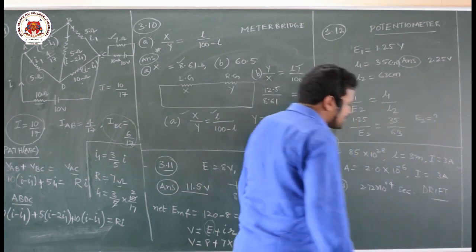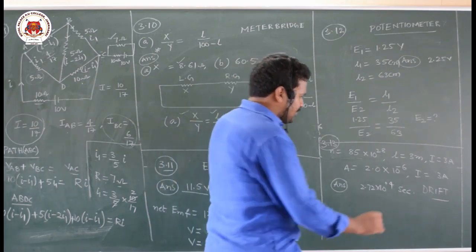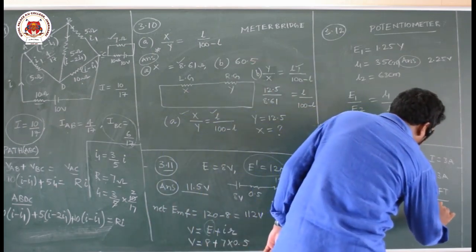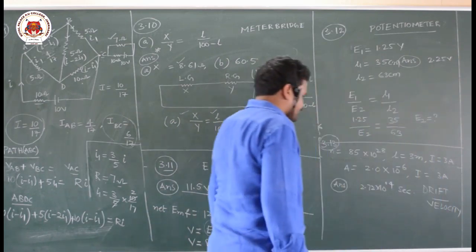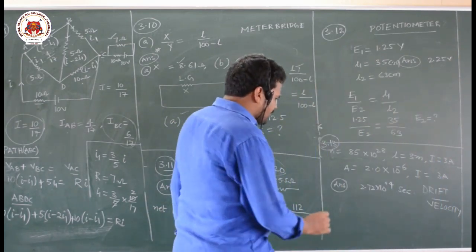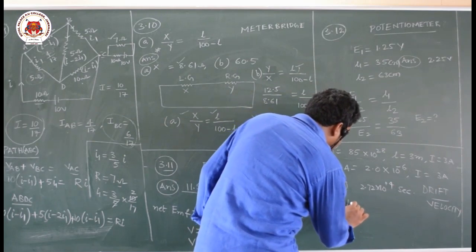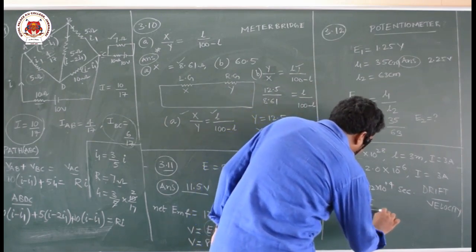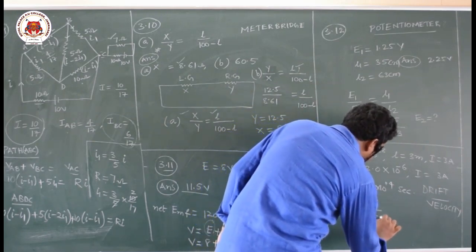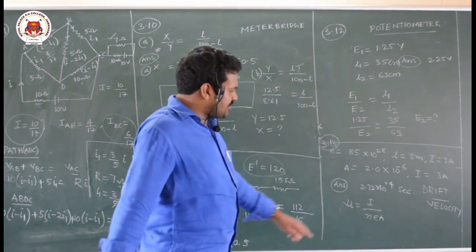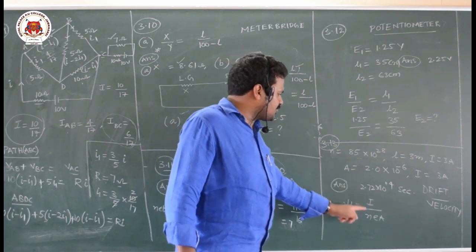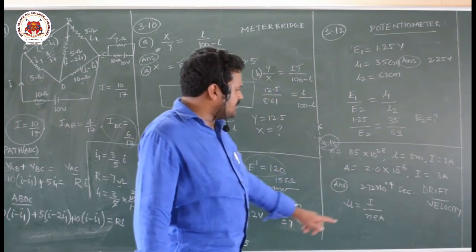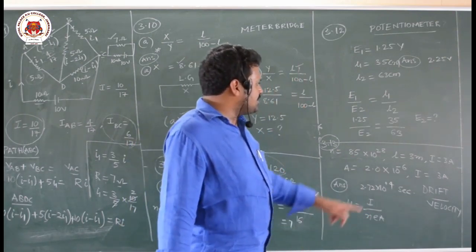We already discussed what drift velocity Vd is. What is the formula for drift velocity? Drift velocity is equal to I by N E A. N is the number of electrons per unit volume, which he has given, E is the electron charge, and I is the current.